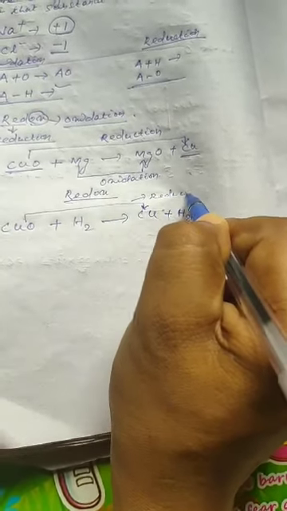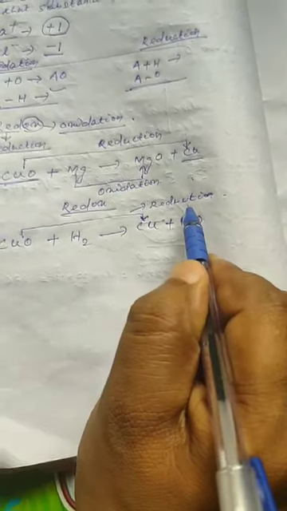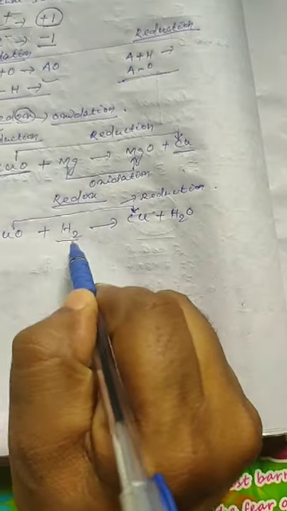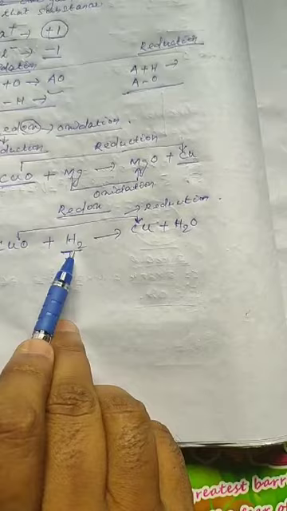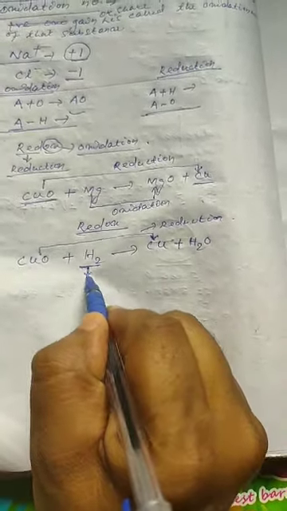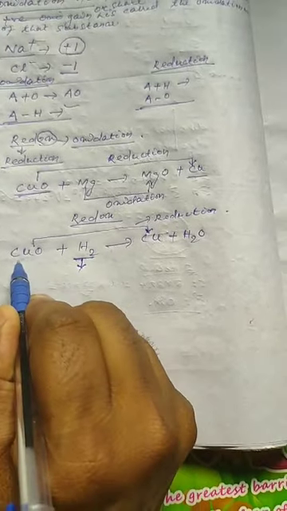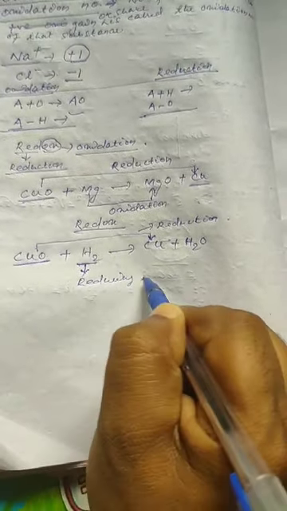That means here reduction takes place. And why is oxygen removed? If hydrogen is not there, then it will not reduce. So hydrogen helps in the reduction of this. So hydrogen is known as a reducing agent. Understood? Hydrogen is known as a reducing agent.